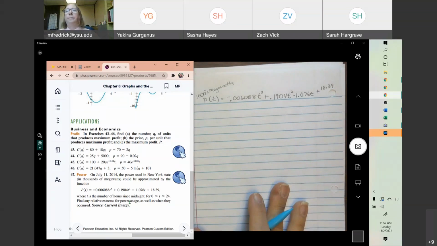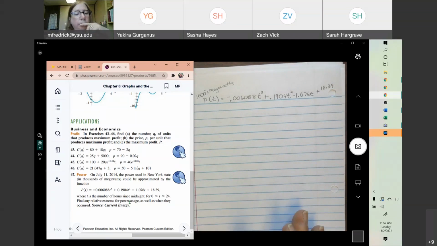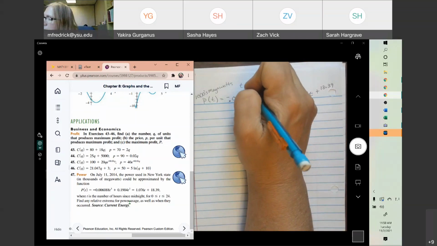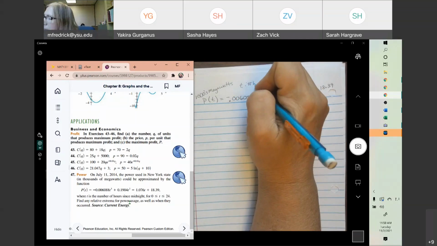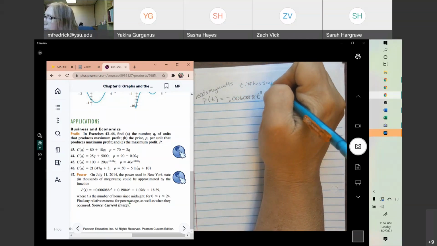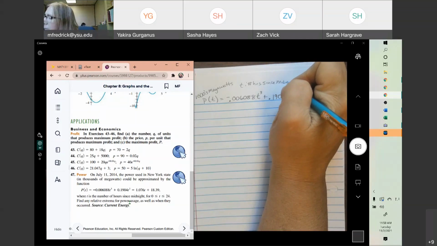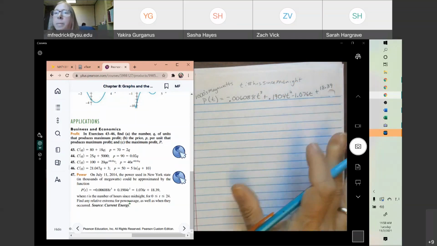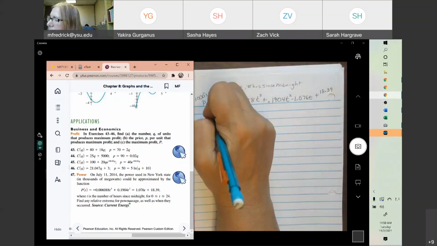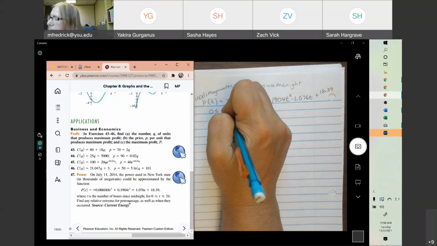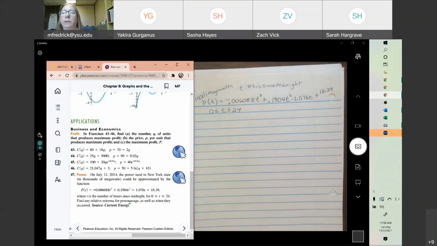Okay. Where T is the number of hours since midnight. And T has to be between 0 and 24 because they're only dealing with one day.